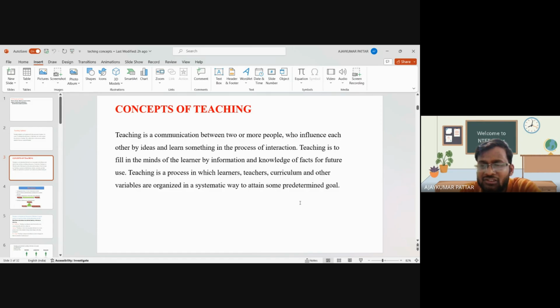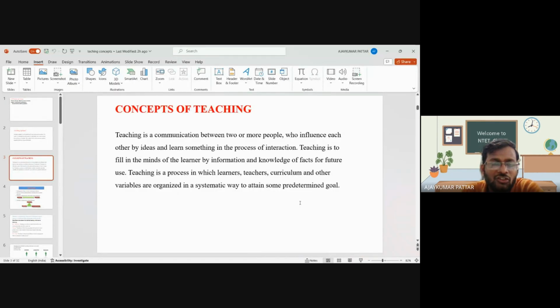The teacher has some predetermined goal. After the teaching process, what the learner should be able to produce is what we call a predetermined goal. Predetermined goals depend upon what you are teaching.